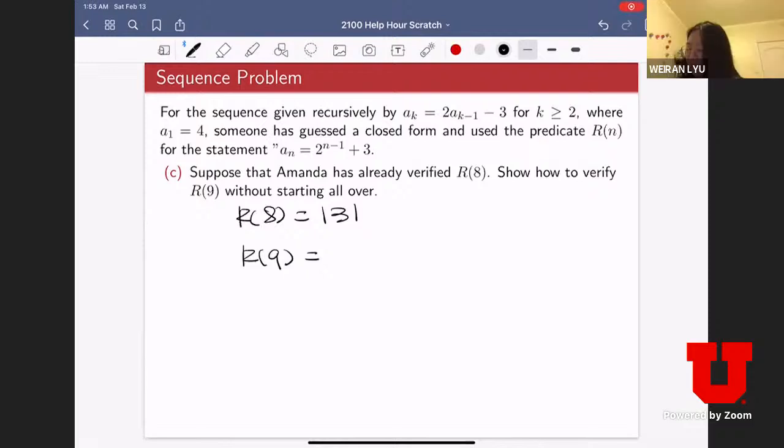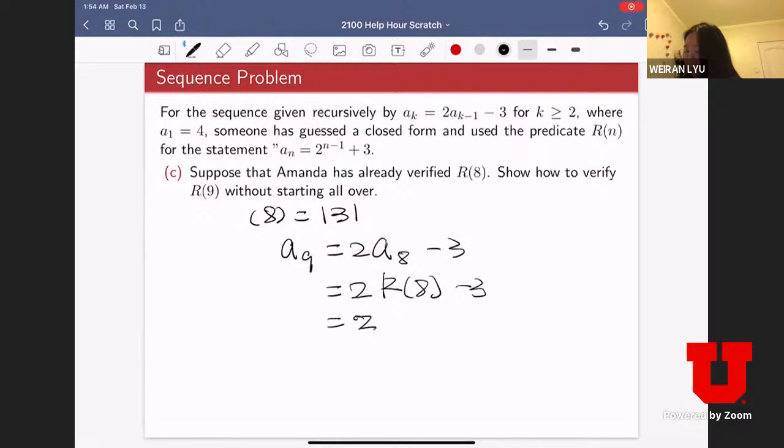Yep, exactly. So we want to start with the recursive formula. If we just plug that in, and since we already verified A8 is the same as R8, we can just replace that with R8.